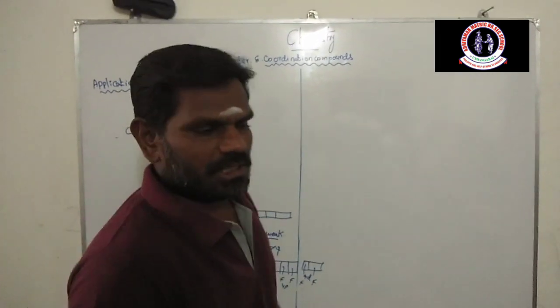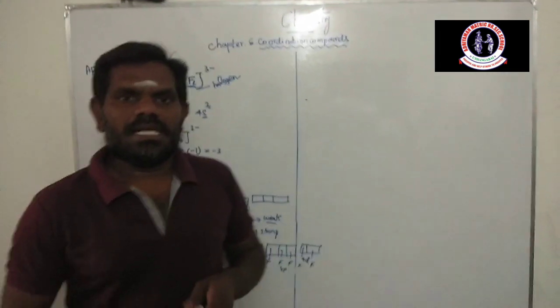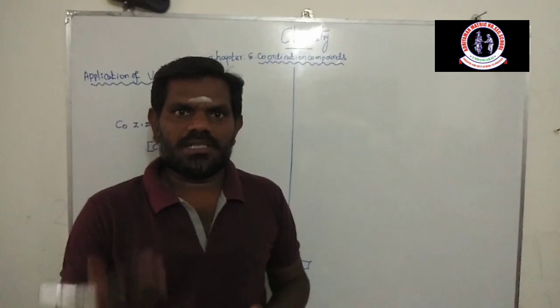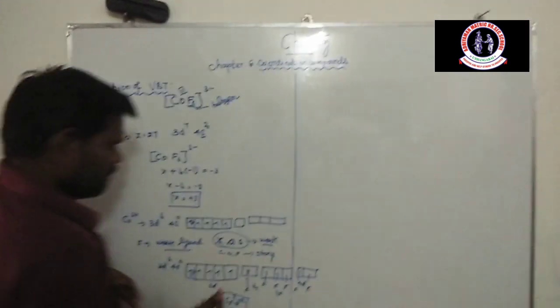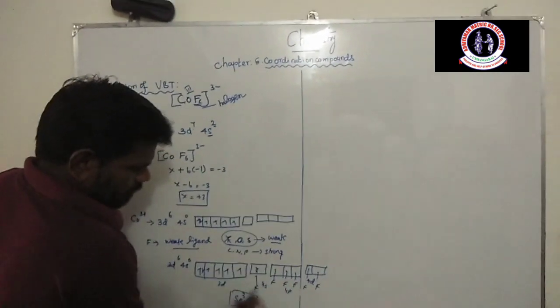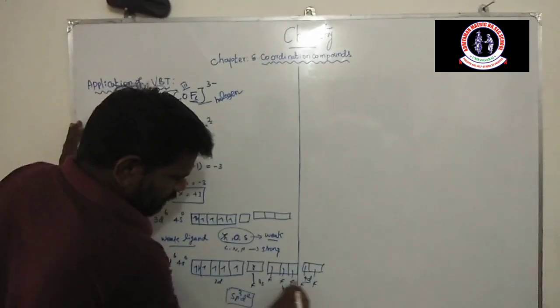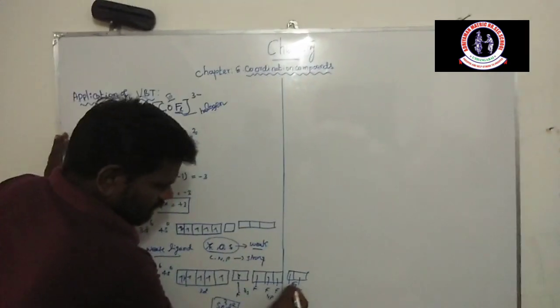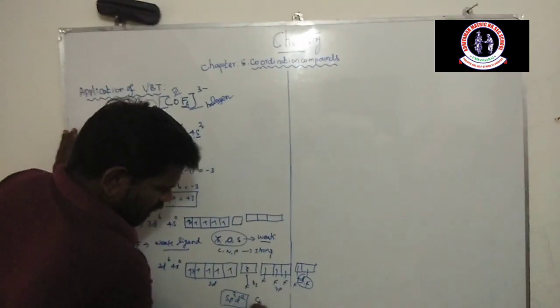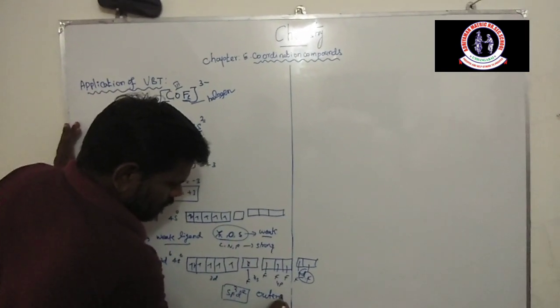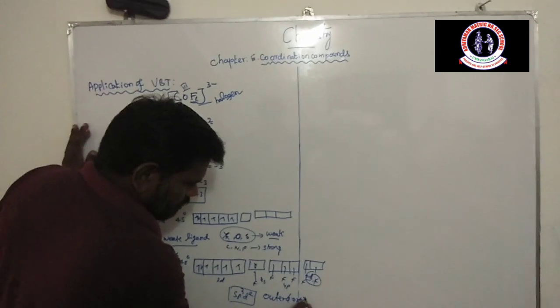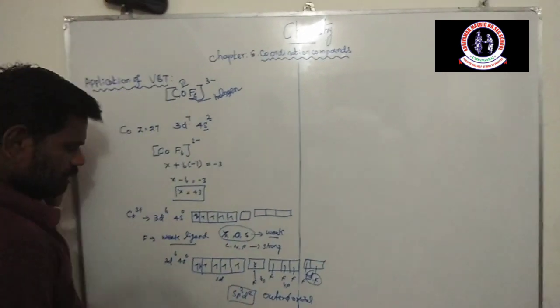Many students ask me which one is inner d orbital and which one is outer d orbital. Now I am giving the answer for you. Here the d orbital, after the hybridization, the d orbital is outer. So that is outer d orbital hybridization.